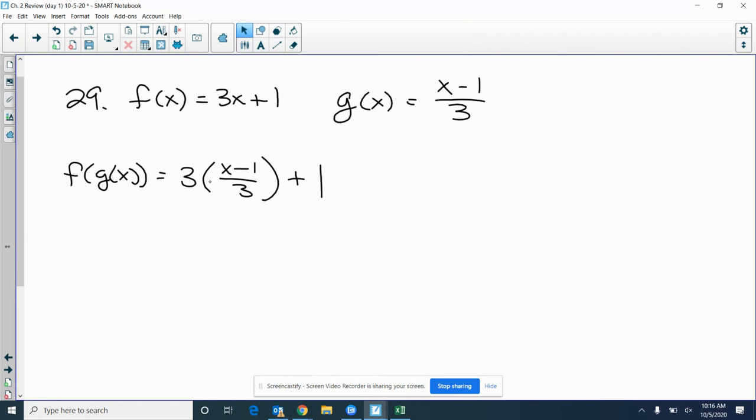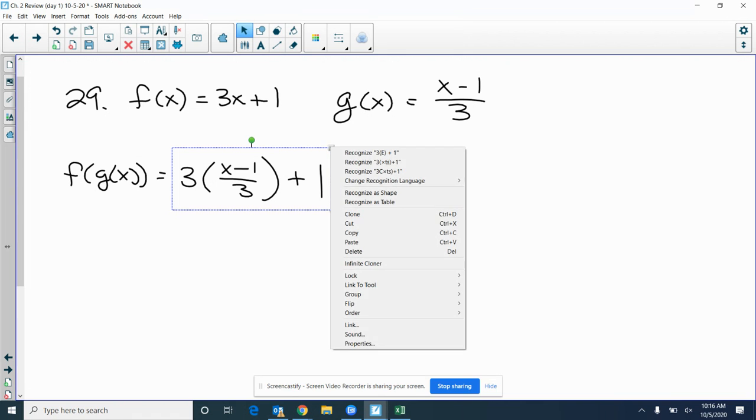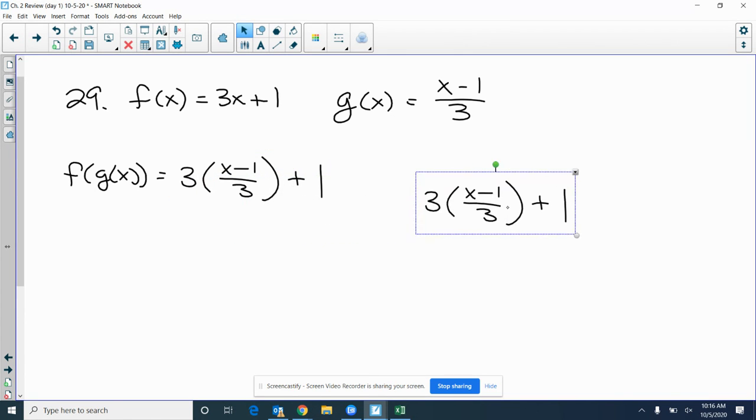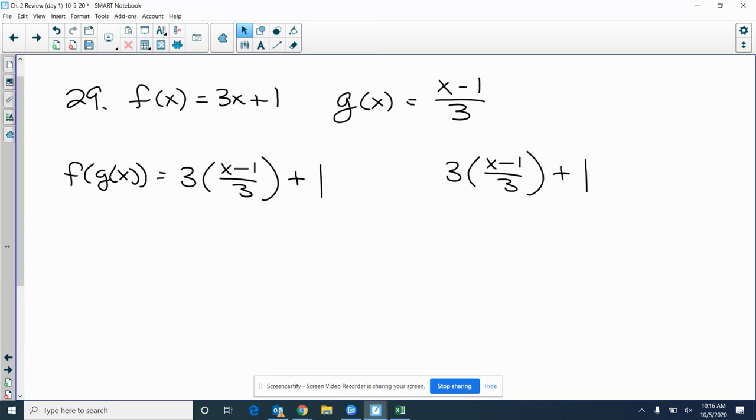Two ways you can look at that. One is, what can we do with this 3 and this 3? Those can cancel, and that's absolutely legal. When you cancel those, you are left with this x minus 1 and that plus 1. And so that's just x.